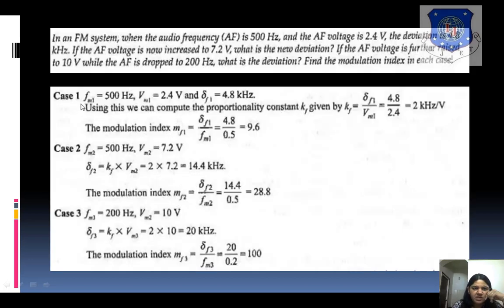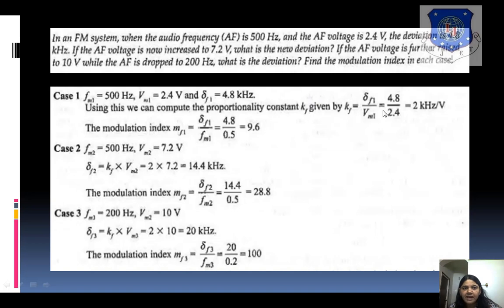Very first we will write fm1 in case 1 as 500 Hz. For that, Vm1 is 2.4 volt and delta f, the deviation, is 4.8 kilohertz. So now kf, that is the sensitivity.